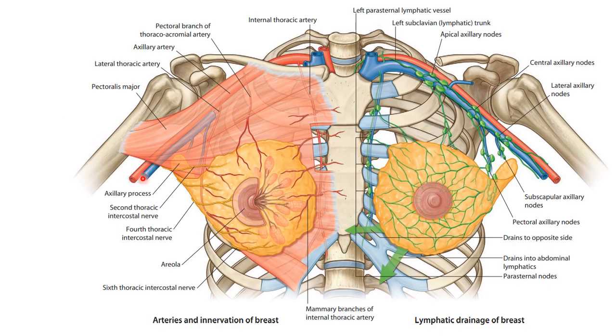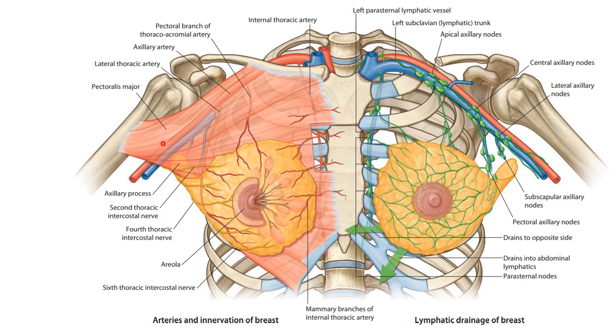It's very important to understand the blood supply of the breast because, as we already discussed, the breast is an important site for cancer in females. Sometimes we need to remove part or the whole breast, and of course the lymph nodes as well.